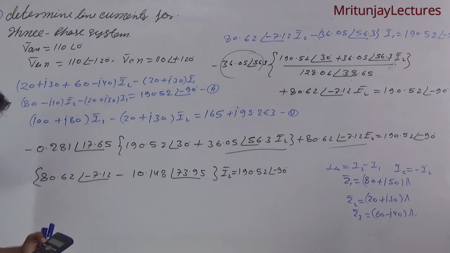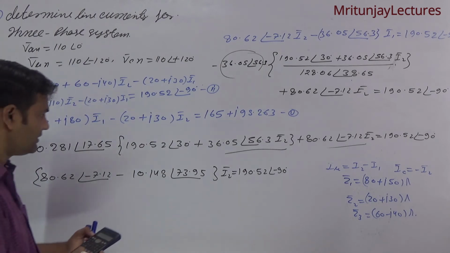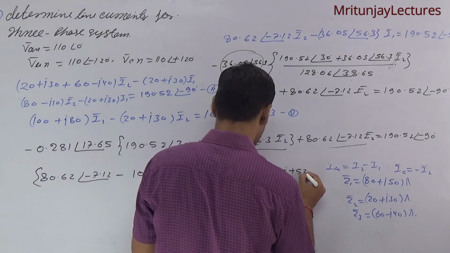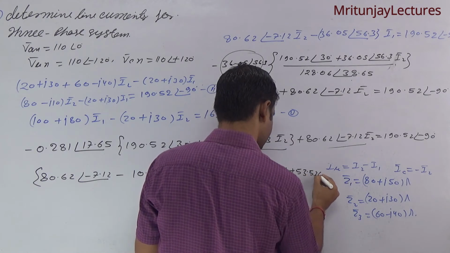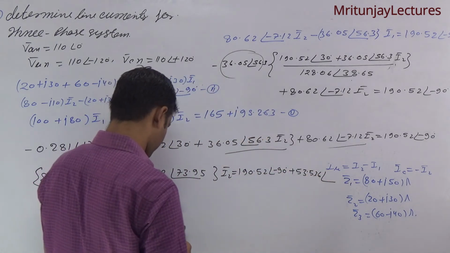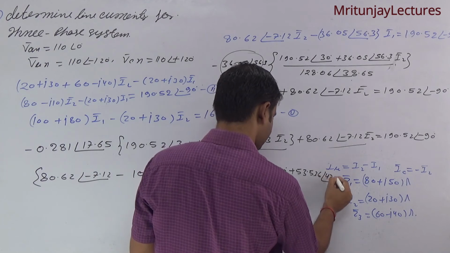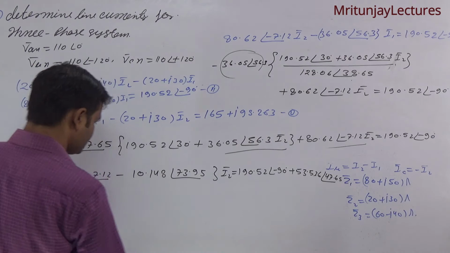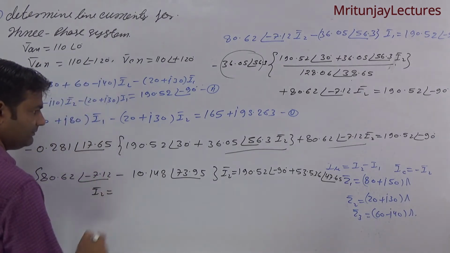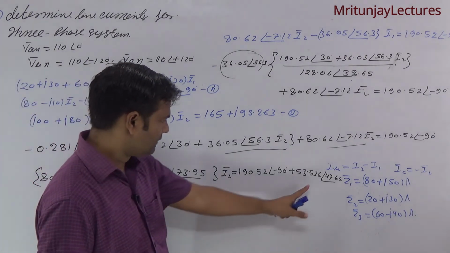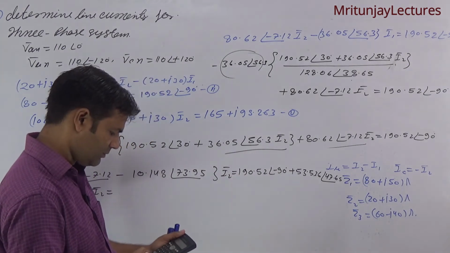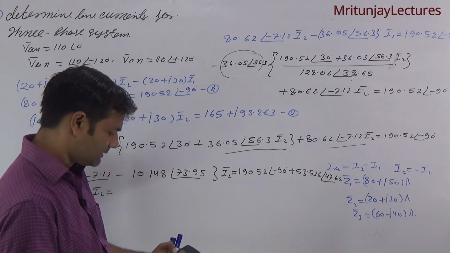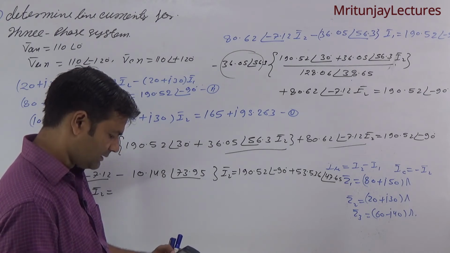Okay, and we got, that is plus minus minus plus 53.536 at the angle 47.65. Okay, so finally I2 is written as this one plus this one plus 190.52 at the angle minus 90.